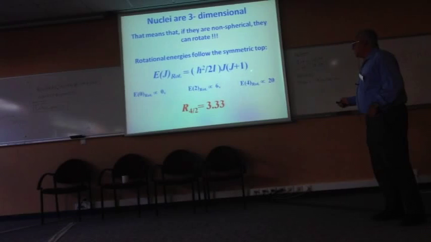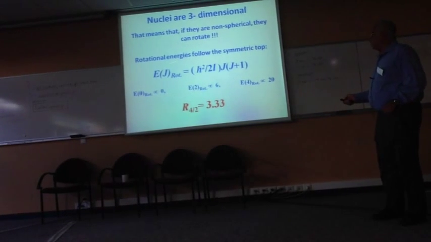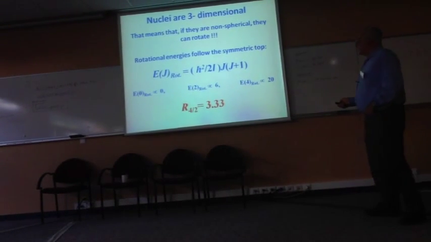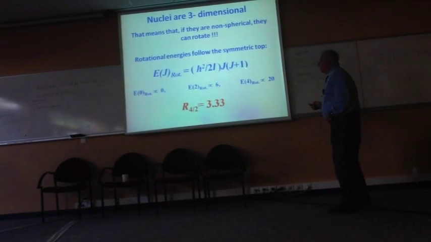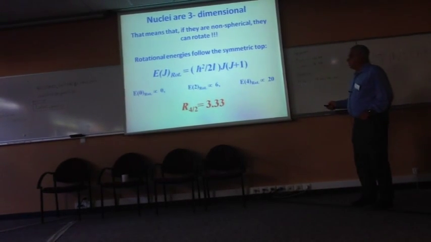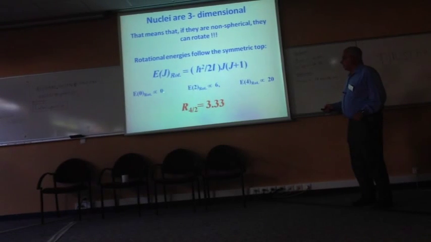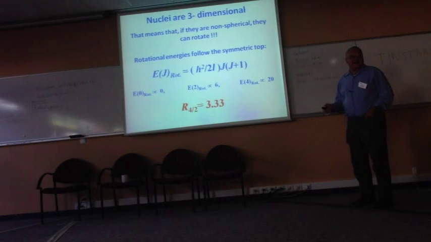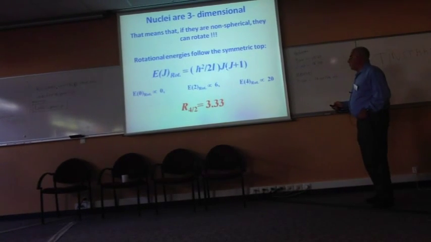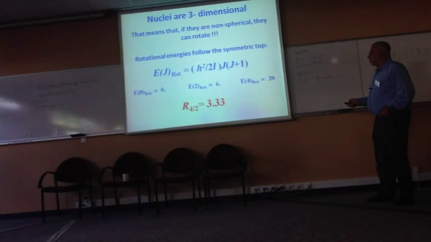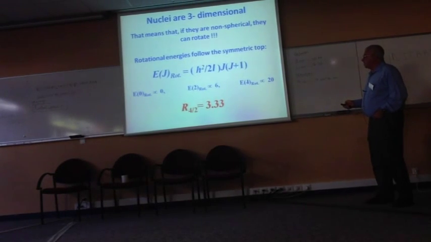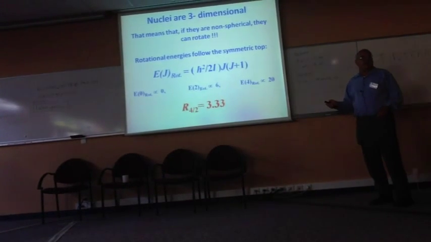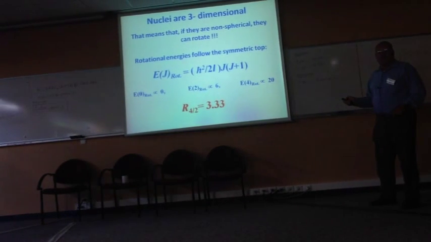And now I want to use this simple formula and just get one result very quickly. Suppose I put angular momentum 0 in here. Can anyone tell me what this is equal to? There's a hint here. Suppose I put angular momentum 2. Well, it's going to be proportional. I don't care about that. 2 times 3. Can anyone do that without a calculator? 6, good.